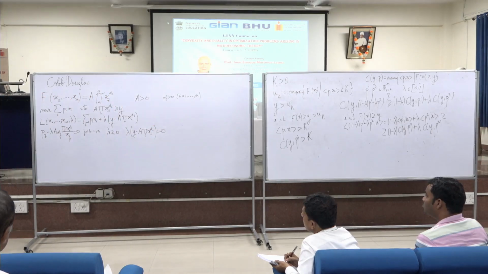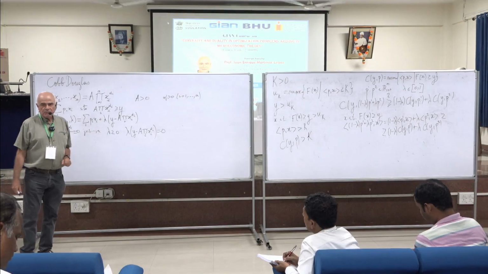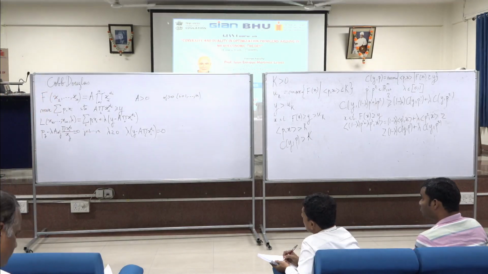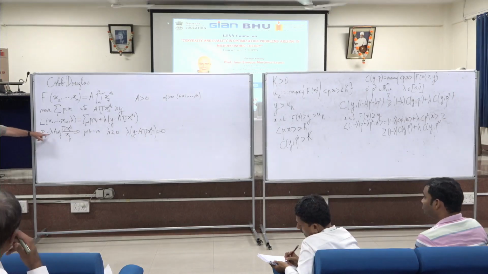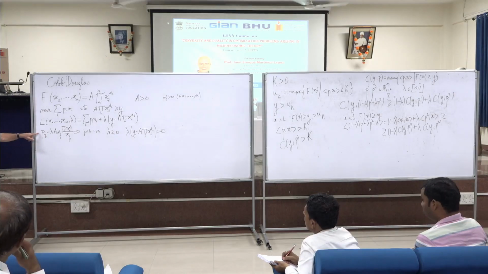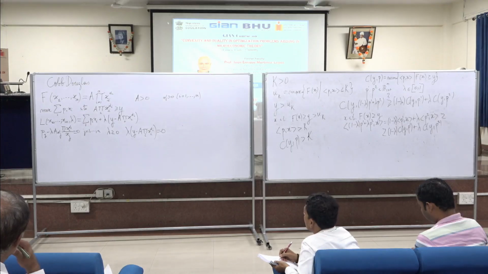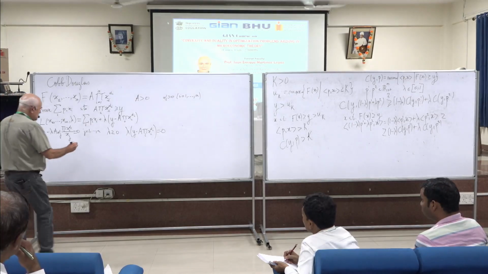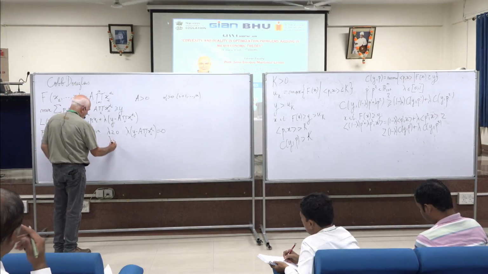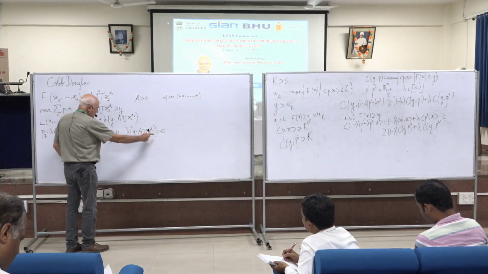Now, I claim that lambda must be strictly positive. Do you agree? Look at here. If lambda were 0, then Pj would be 0, which is not the case. Our prices are strictly positive. So lambda is positive. Therefore, this is equal to 0.